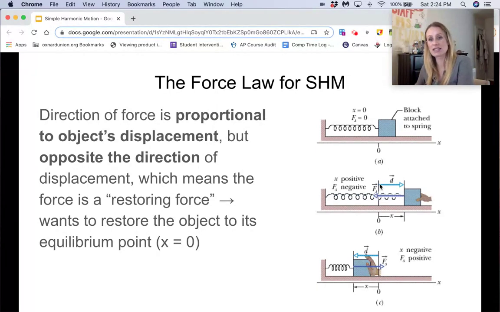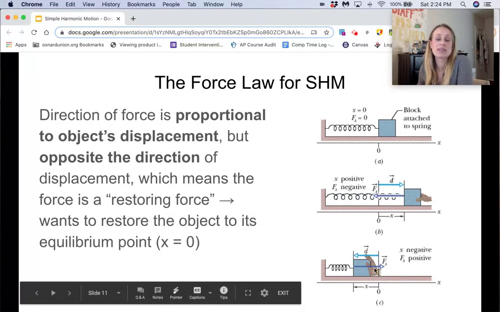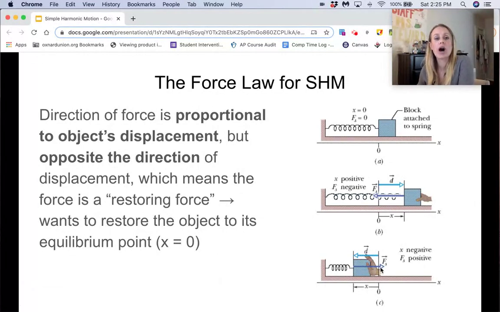So we can see that our displacement is positive, but our force is negative. If we do the same thing, but push the block in the negative direction, then we have a positive force. So force again is proportional to the object's displacement, but opposite in direction, so opposite in sign.